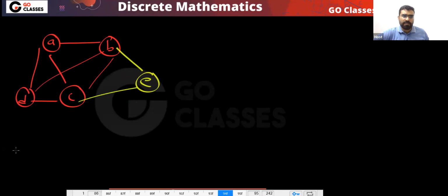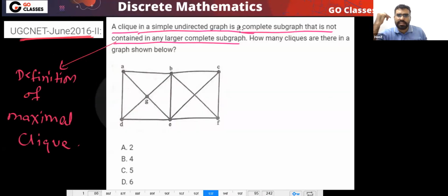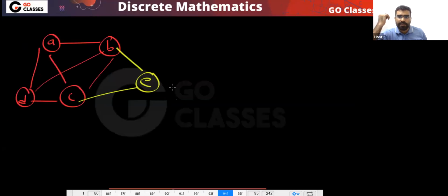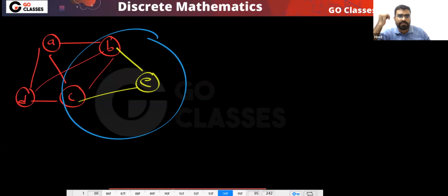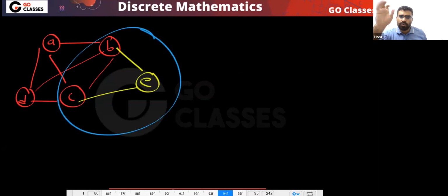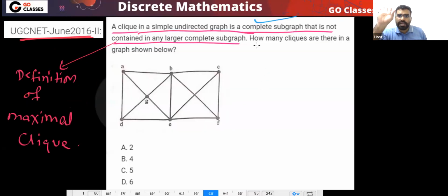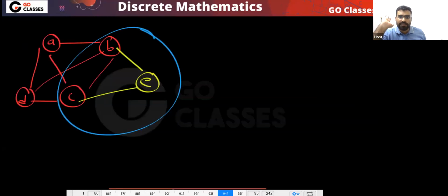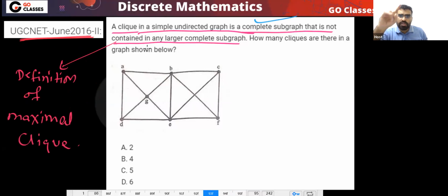Now tell me one thing. Read this definition. It says that a clique is a complete subgraph. So take this, this is a complete subgraph. So far, so good, right? That is fine. That is not contained in any larger complete subgraph.